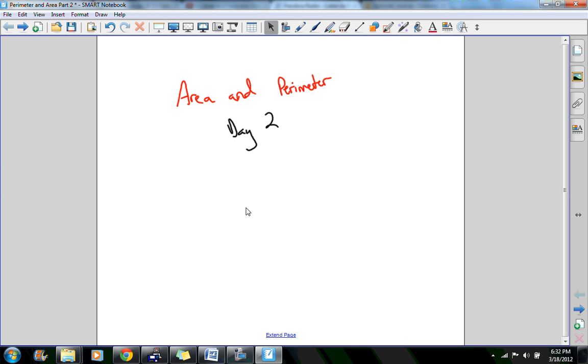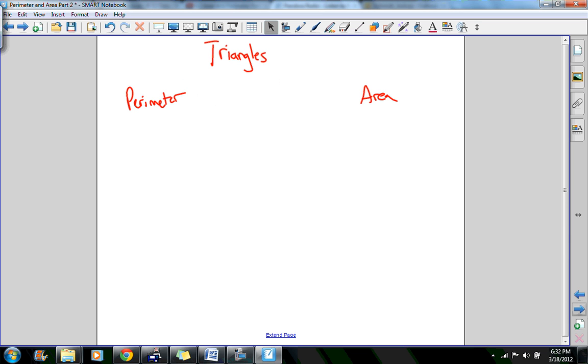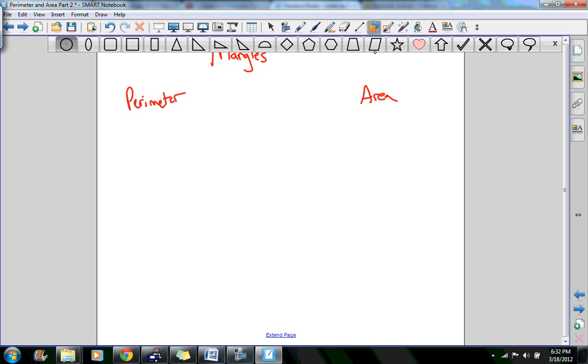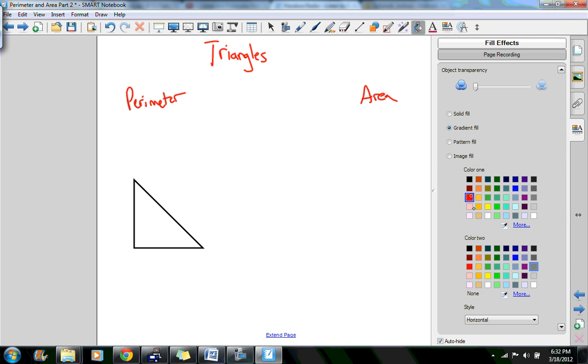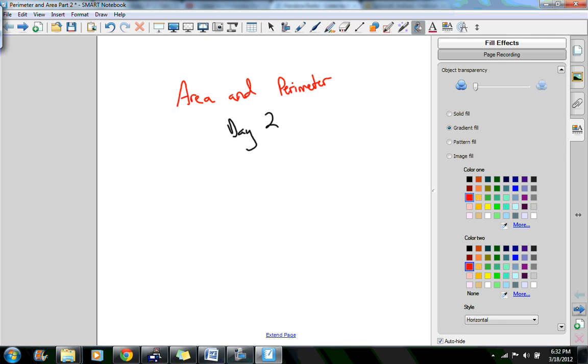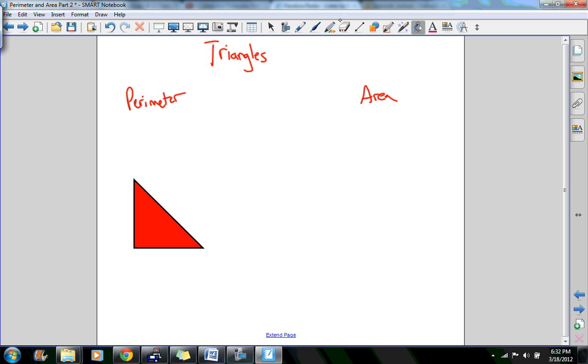All right, so we're going to work on area and perimeter again today, except we're going to do a little bit more difficult shapes. So first of all, for triangles, let's say I draw a triangle like this, and I'm going to color it red. Then I'm going to copy this triangle, and I'm going to flip it around, just like this.